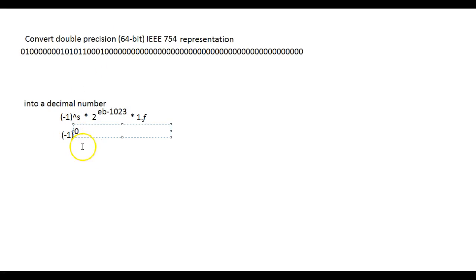So that's just going to be a 1 for our case. And then we're going to multiply it by 2 to the EB minus 1023. So we need to find out what that EB is. That is going to be these 11 bits: 1, 2, 3, 4, 5, 6, 7, 8, 9, 10, 11. So that's your EB.